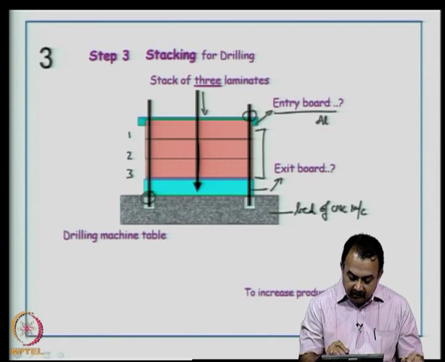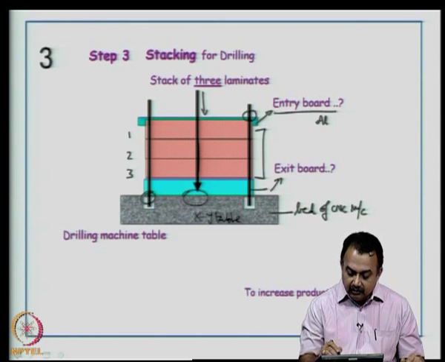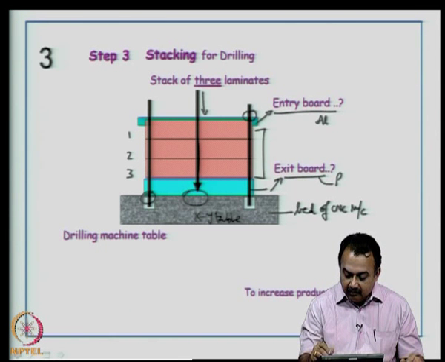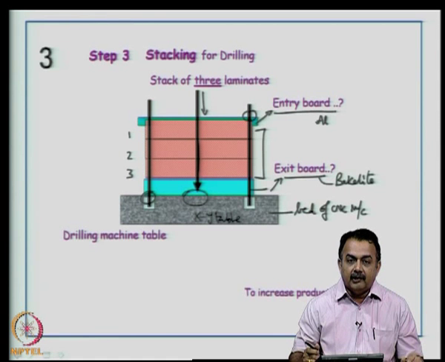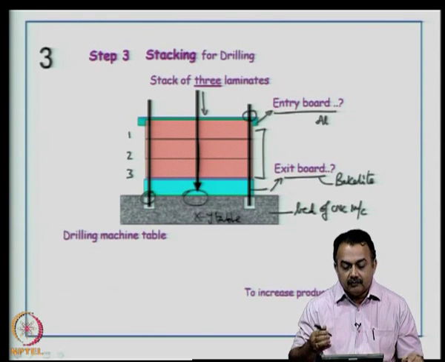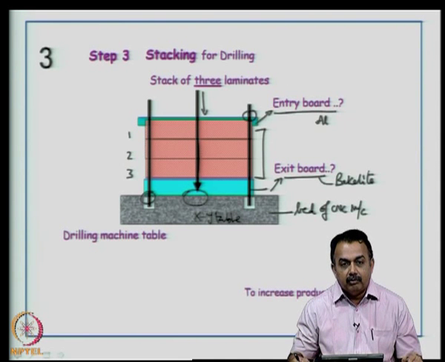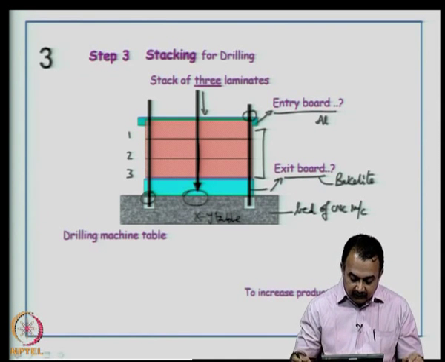also at the exit, because you do not want your drill bit to hit your granite structure on the XY table of the CNC drilling machine. To avoid breakage, you use an exit board typically made out of bakelite laminate, and you can adjust the depth of drilling, so that you can prevent the misfortune of having your drill bit broken due to touching the XY table.